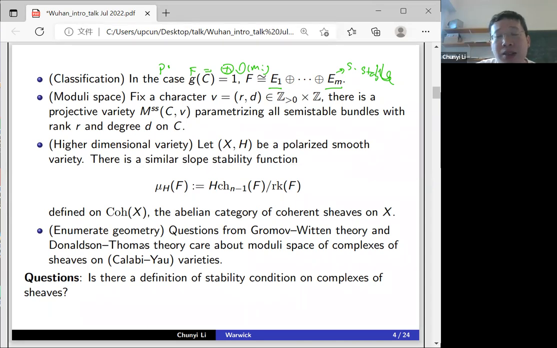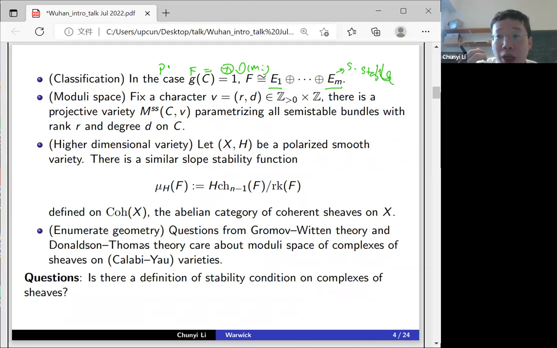Another, and maybe the most important, application is that given this stability definition, we can define a good moduli space theory for vector bundles, or sheaves. Given a curve of genus g, all of the line bundles with degree 0 naturally form a space, an abelian variety of dimension g.